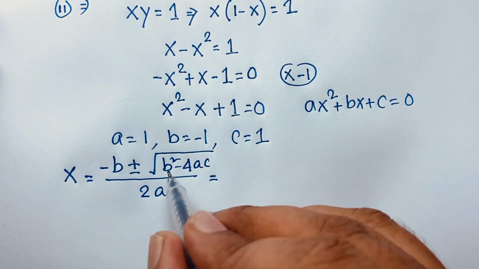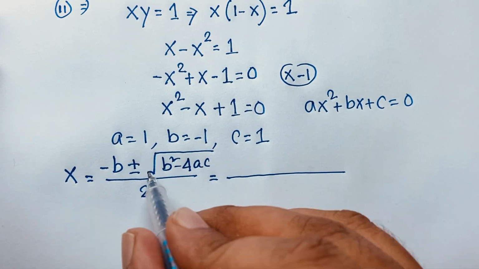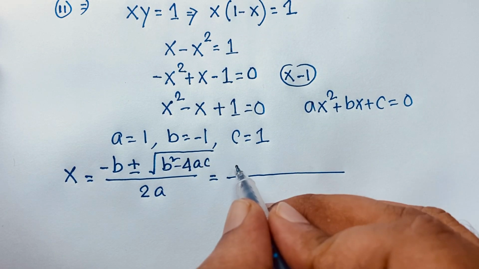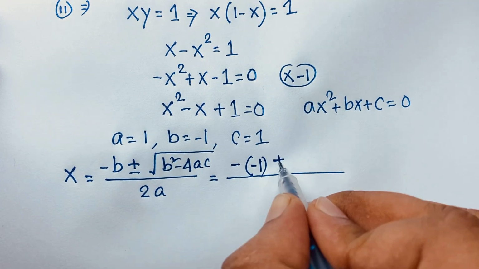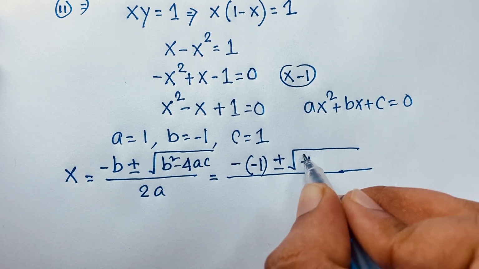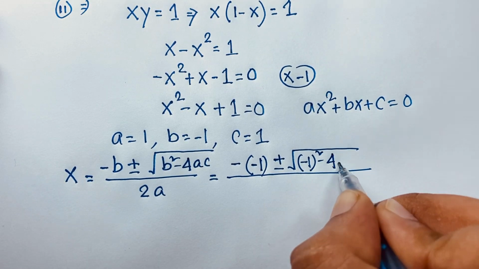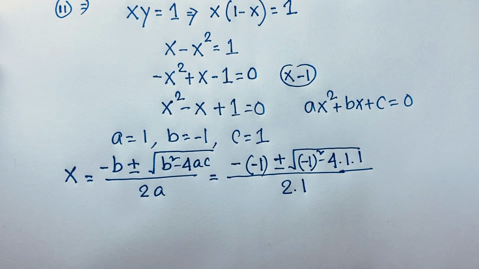Then if I put these values in this formula, minus b will be negative 1, so minus minus 1 plus minus square root b square, I mean negative 1 squared, minus 4ac, a is 1, c is 1, over 2a, which is 2 times 1.